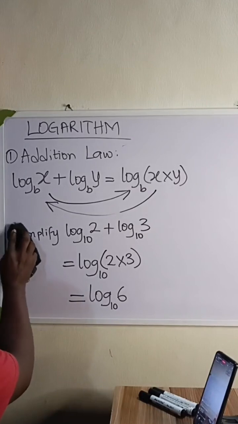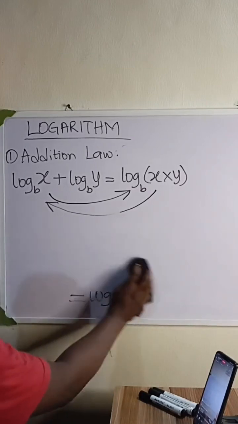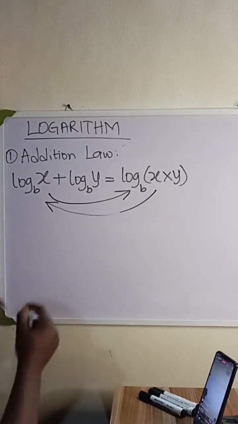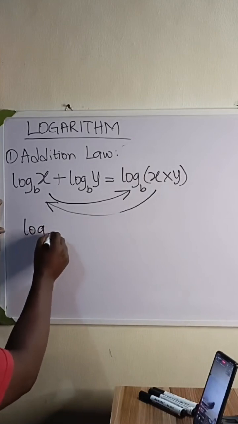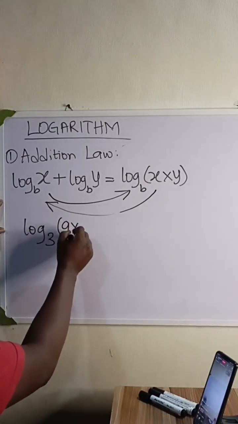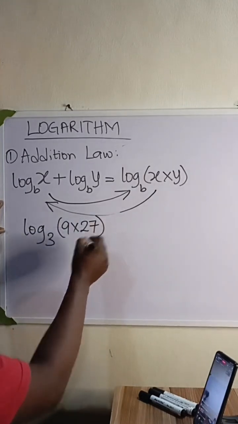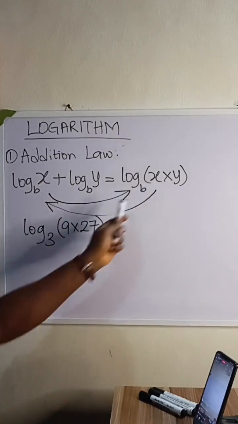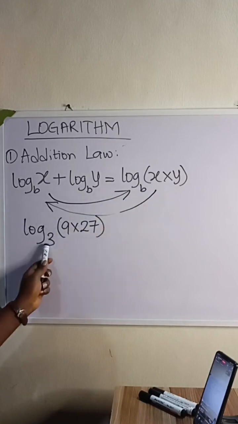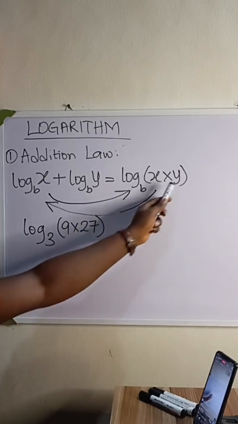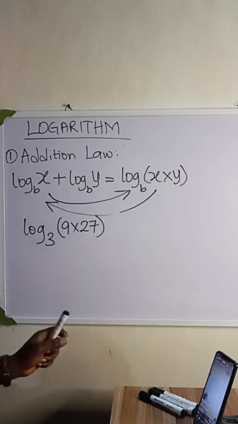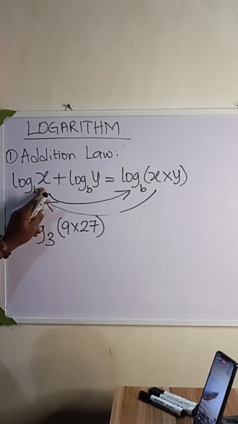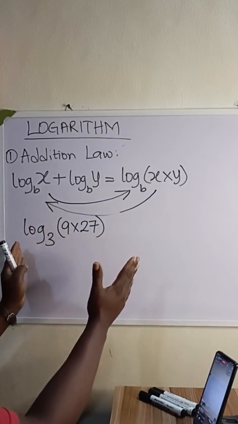However, in another situation, if we have log 3 into 9 times 27, so this is in this form. Our b here is 3, our x here is 9, and our y here is 27. So we can move it to become this way by separating them, right?